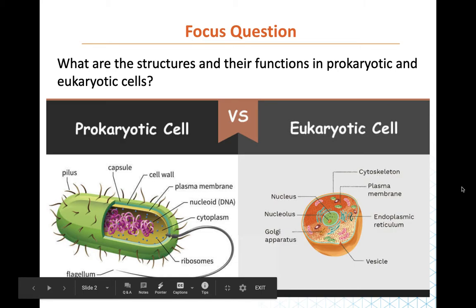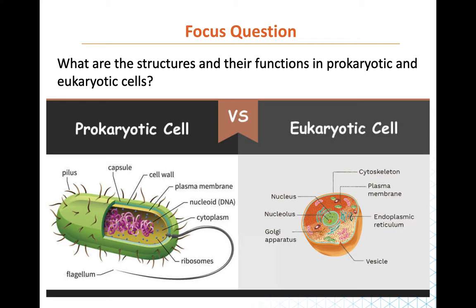I know this picture does not show that accurately, but they are larger, they're more complex, they contain organelles, and they're usually going to be found as multicellular organisms, even though they can also be unicellular. So for example, humans are made up of eukaryotic cells. Animals and plants are also made up of different types of eukaryotic cells.